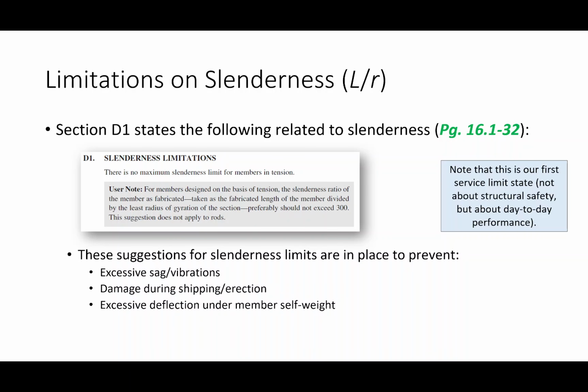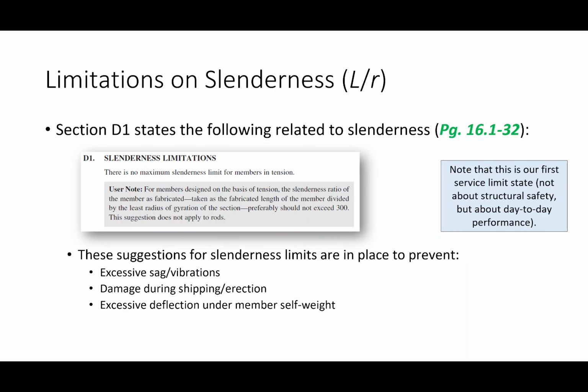These suggestions are in place for very specific reasons, and they have really nothing to do with strength, but are more about the construction process. If members get too slender, they get a bit hard to handle, both in the fabrication space as well as on the construction side.